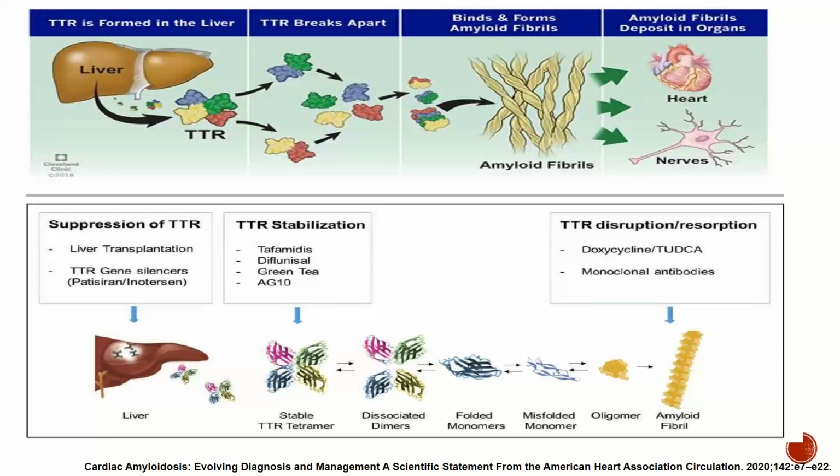So what these medications do is either suppress the TTR, by liver transplantation or TTR gene silencers, and we have two medications for that.